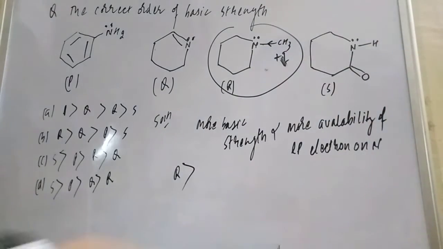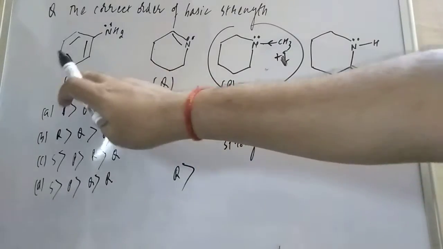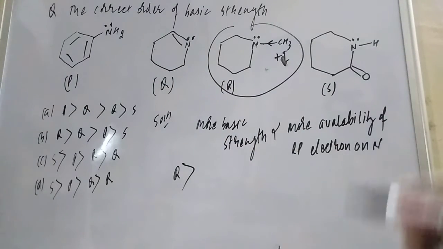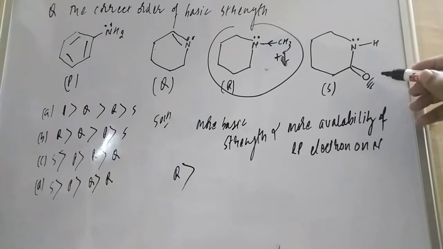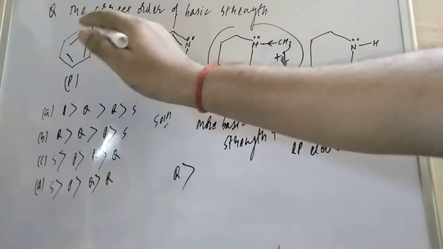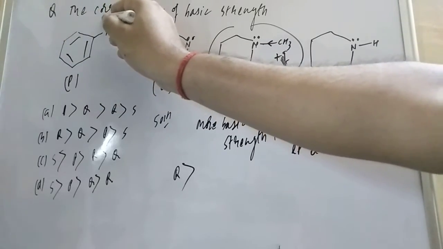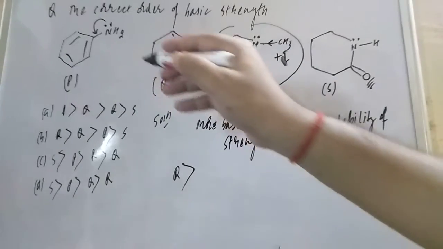Now let us move to another one. When you go for the other, if you see q and p, try to see q and p and s also. Here in s there is an electron withdrawing group, so it cannot be the answer. Here single alternate bonds are there, so it will go into resonance.